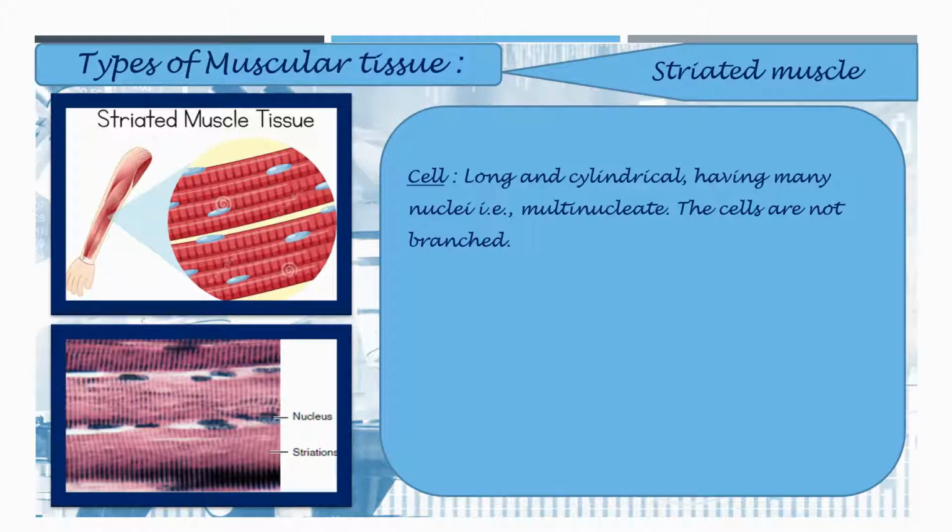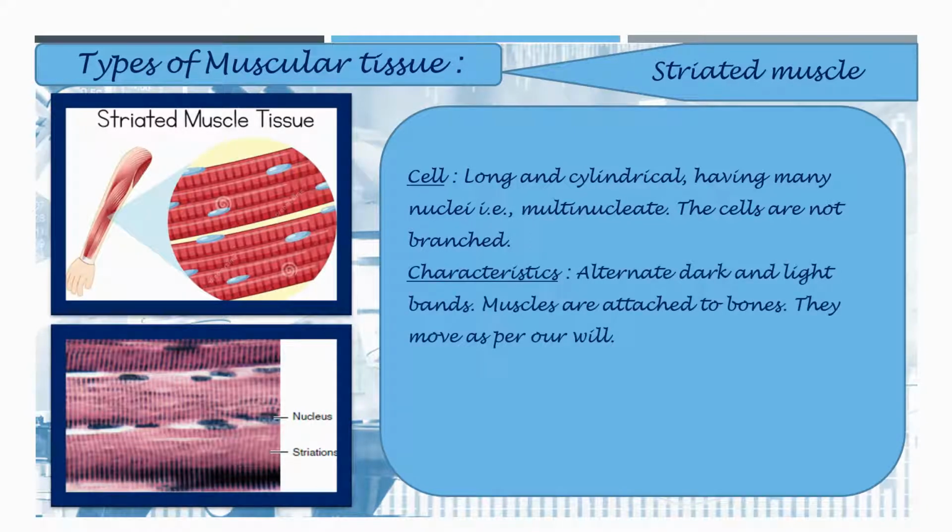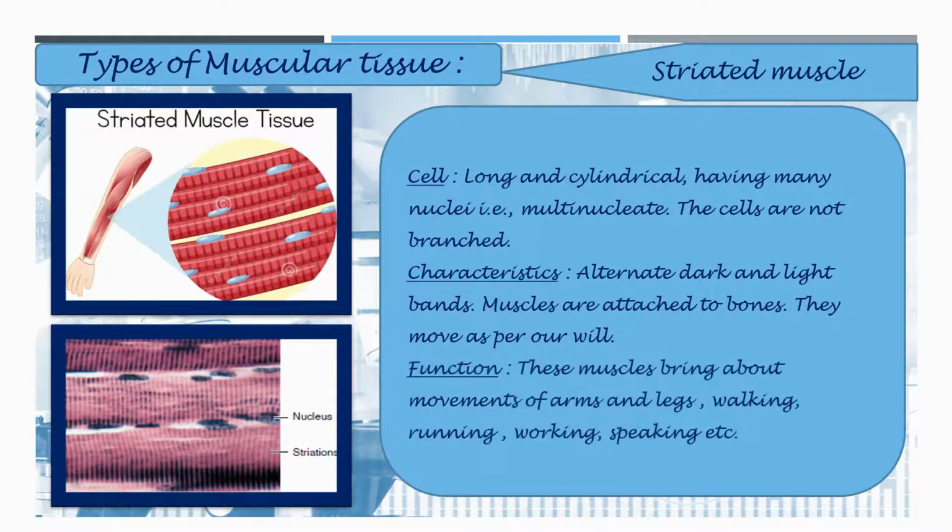The characteristic of striated muscle is that there are alternate dark and light bands, and the muscles are attached to bones and move as per our will. The function of striated muscle is to bring about movements of arms and legs, walking, running, working, speaking, etc.